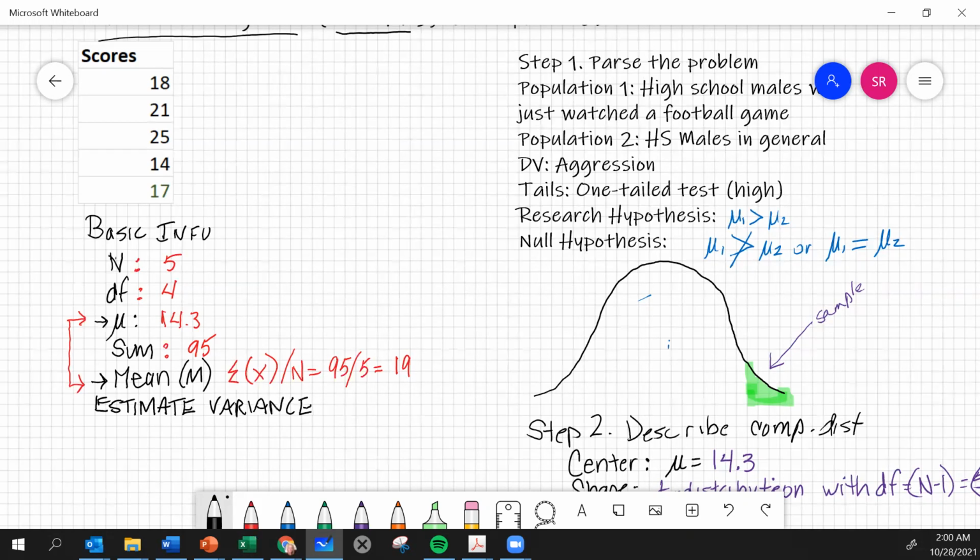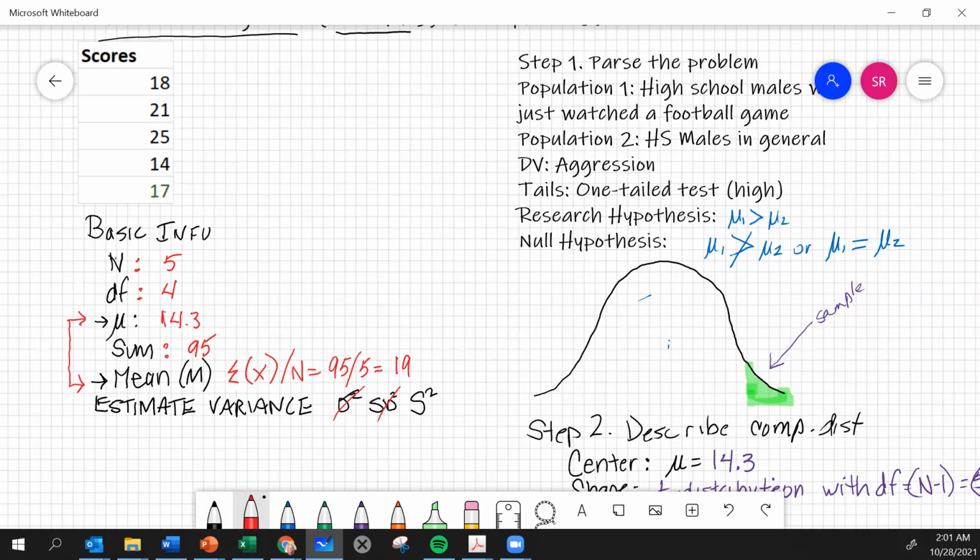Because we're estimating, we don't write it as sigma, nor as standard deviation. We're estimating, so now it's just s squared.